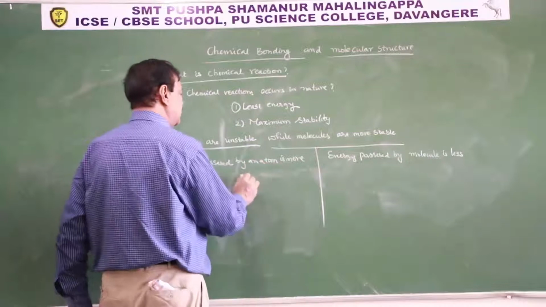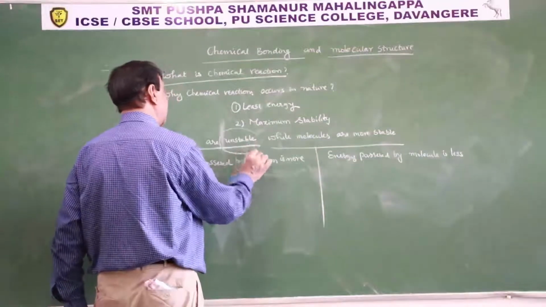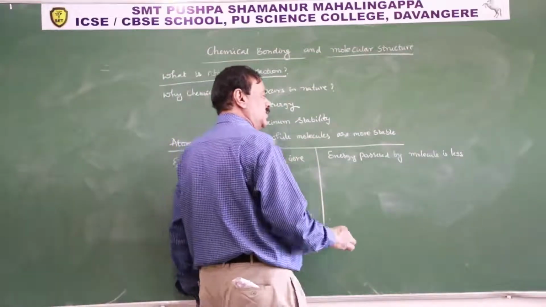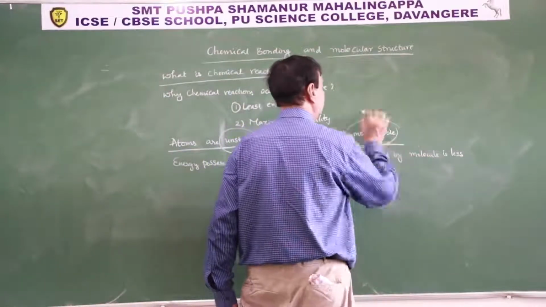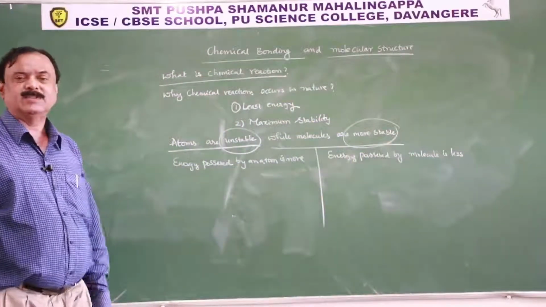Energy possessed by an atom is more, which means atoms are unstable. Energy possessed by a molecule is less, so molecules are more stable.